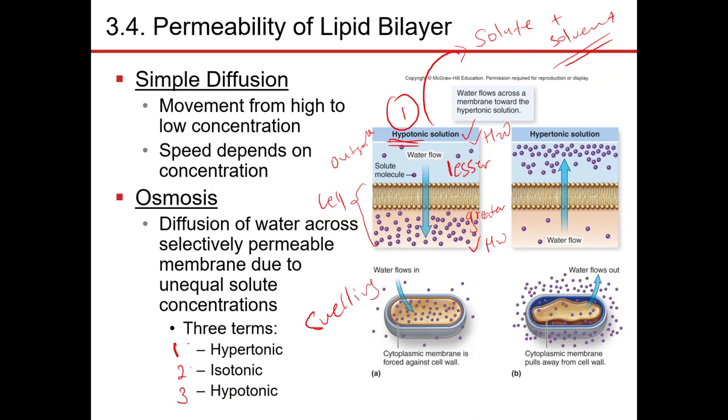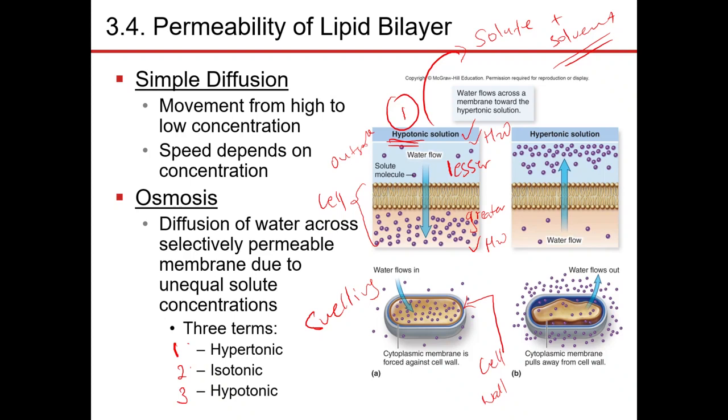Now, in the case of bacterial cells, as I mentioned earlier, they have a cell wall, which our cells don't have. So as the cell gets larger and larger, the cell wall protects the cell from bursting. This is the same thing that happens in plant cells as well. The plant cell wall prevents the cells from bursting.